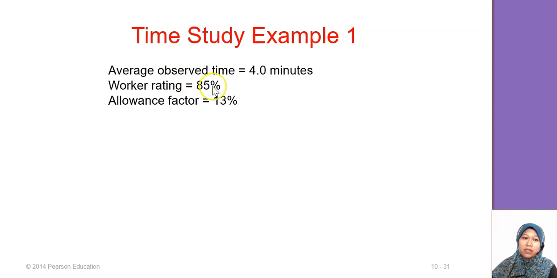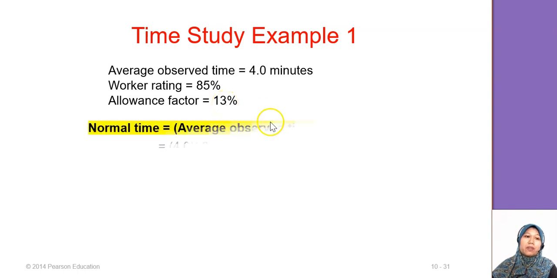If the rating is more than 100%, it means the workers are very good at doing the task. Allowance factor is 13, so they already added up the rest allowance, the personal, maybe some of the delay, and also some of the fatigue.